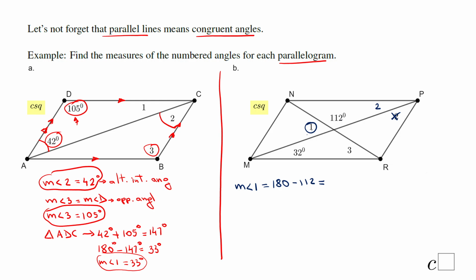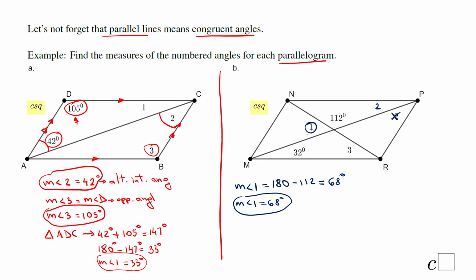So let's see how much that is. 180 minus 112, and that will be 68. So a measure of angle 1 is 68 degrees, and again the property used is the fact that these two angles, the angle that measure 112 degrees and angle 1, form a line.